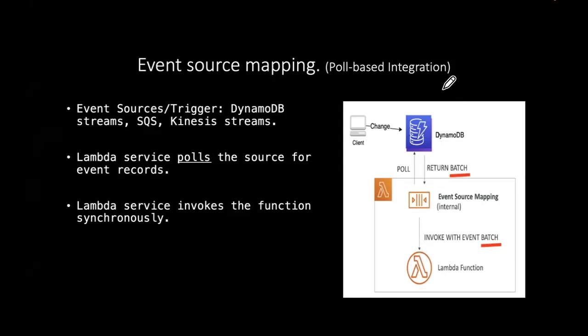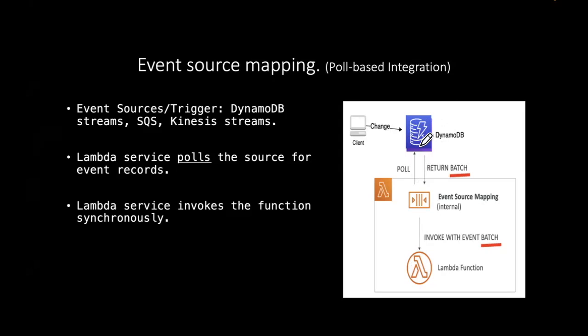And the way it works is, in this case, the database does not tell the Lambda service about the change. Instead, the Lambda service asks the database periodically, have any changes occurred in your database?